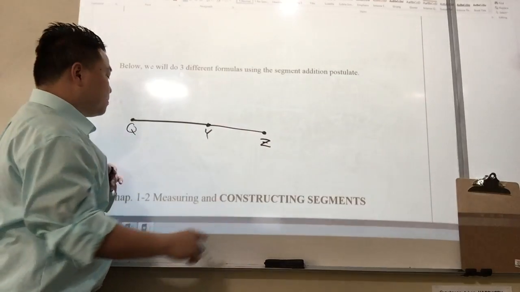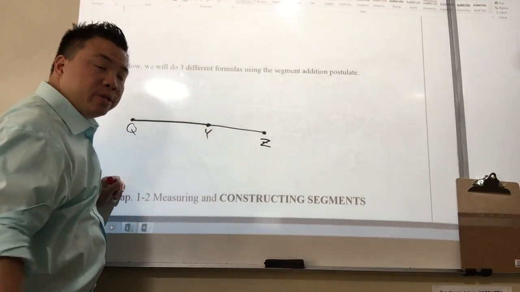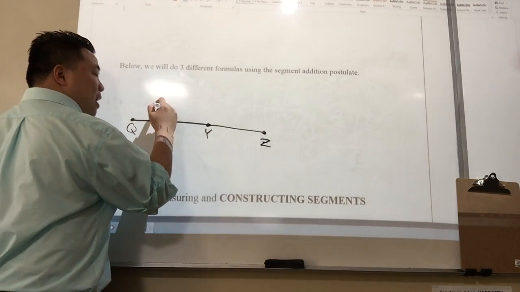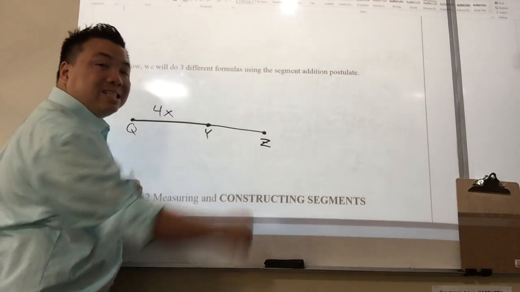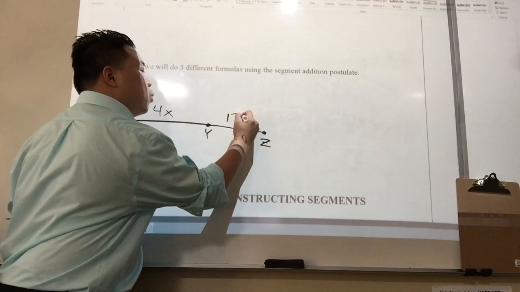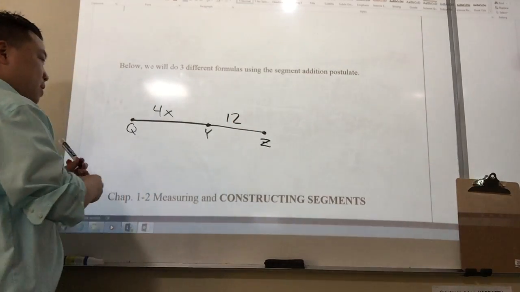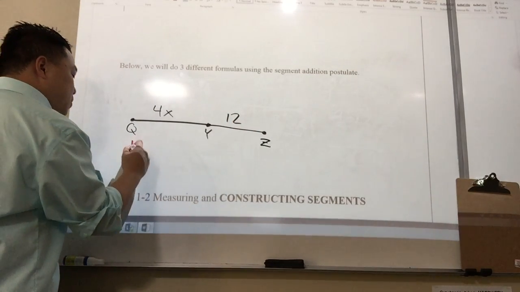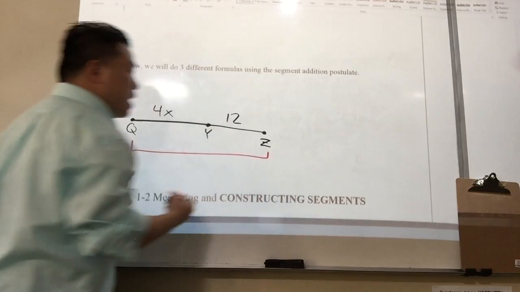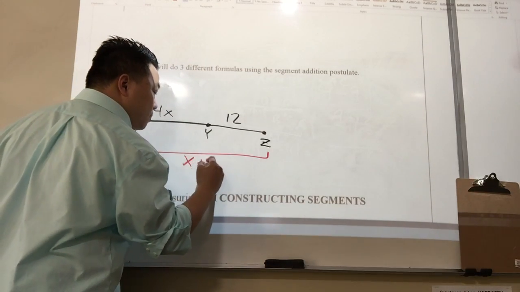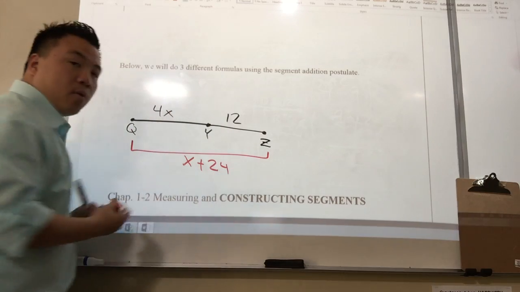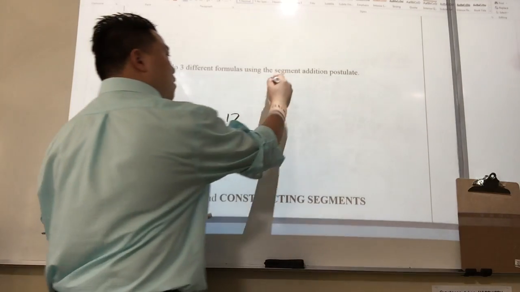Make sure you're writing this down. So, Q to Y is 4x long. Y to Z is 12 long. I give you the entire thing. This is x plus 24. You need to solve what x is.